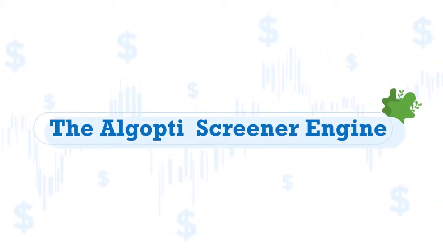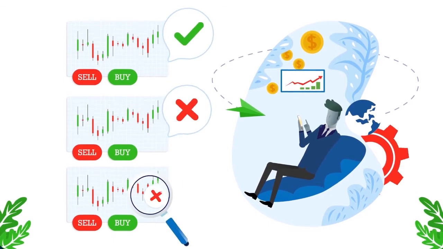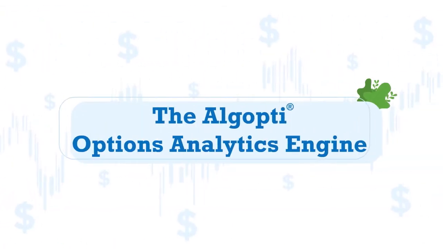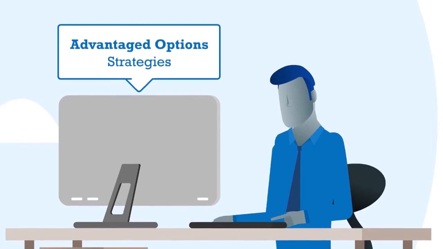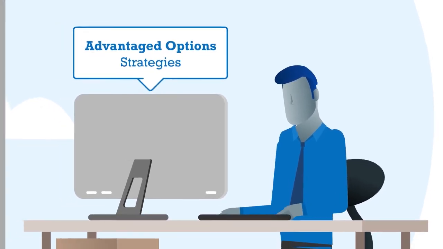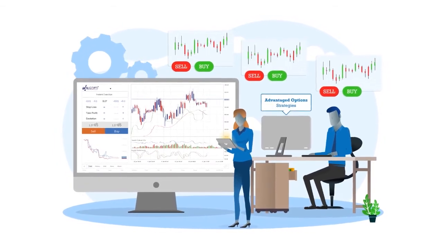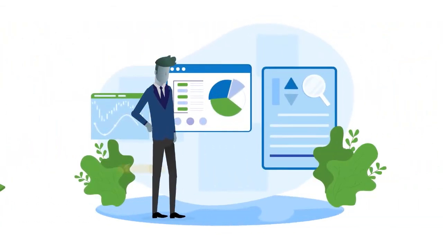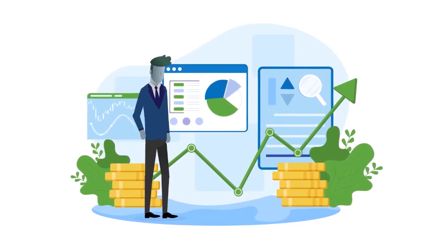Step 2. We screen and filter a list of the signal engine's top-performing stocks. Step 3. We backtest tactically advantaged option strategies across all the trade signals for the stocks from the screener engine to get a historical performance analysis and determine our probability of potential success on future trade investments.